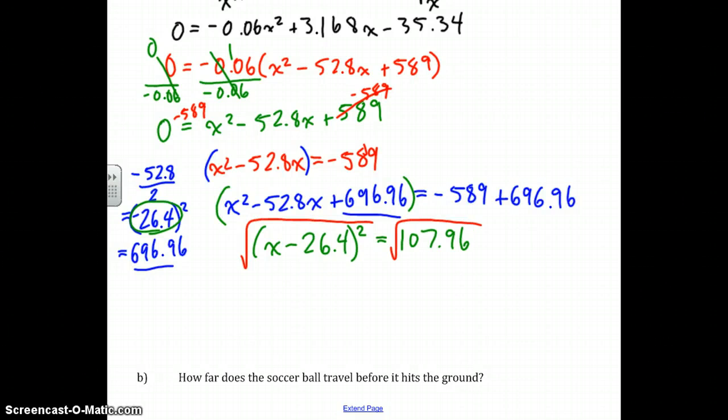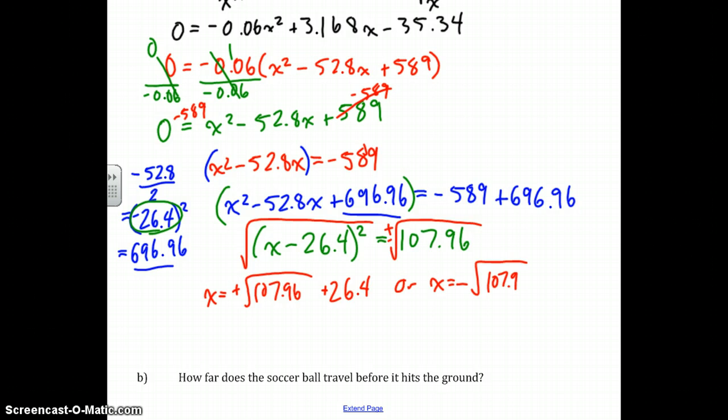Put a plus or minus on that, remember, because it could be a positive or a negative answer. So we end up with two solutions. We have x equals the positive square root of 107.96 and then add the 26.4 over. That's one solution. Or x equals the negative square root of 107.96, add the 26.4 over. Those are our two solutions.